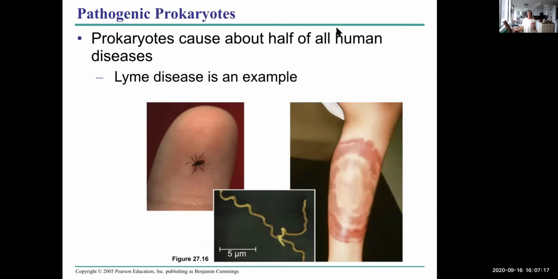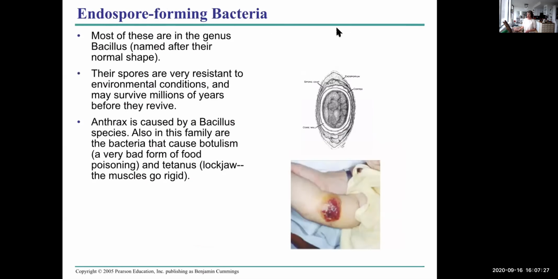So there are a lot of pathogenic prokaryotes that cause about half of all human diseases. Lyme disease is an example of that. Many of those diseases are from endospore-forming bacteria, mostly in the genus Bacillus, and their spores are very resistant to the environment.